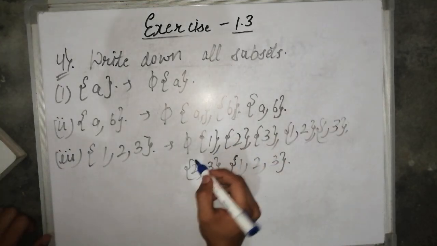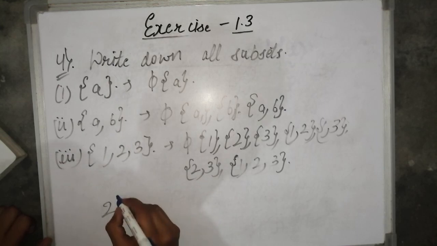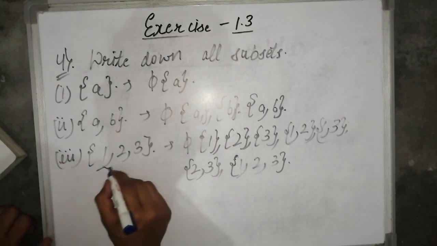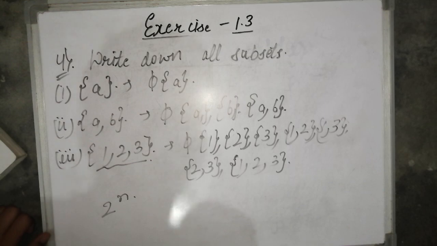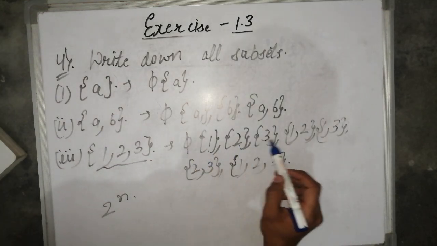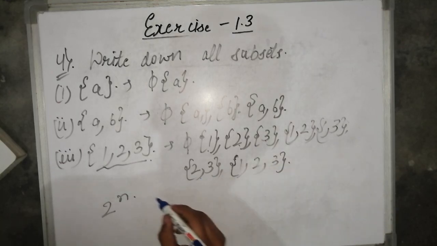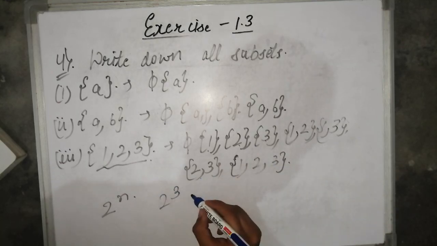Students, do you know what is the formula to calculate the total number of subsets? It is 2 to the power n, where n is the number of elements in the set. Okay, let's count to verify: 1, 2, 3, 4, 5, 6, 7 and 8. It verifies the formula: 2 to the power 3 is equal to 8.